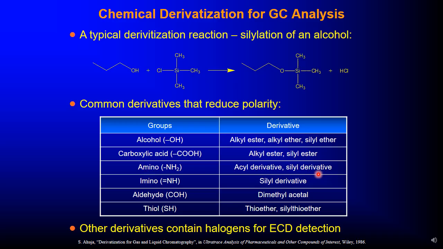For imino, silyl derivatives; for aldehydes, dimethyl acetal; for thiols, thioesters and silyl thioethers. So you realize that the compounds we could not handle due to polar groups and low volatility can now be handled.